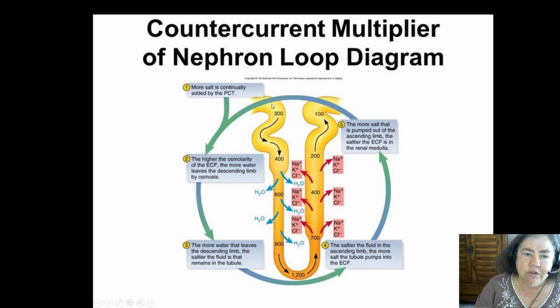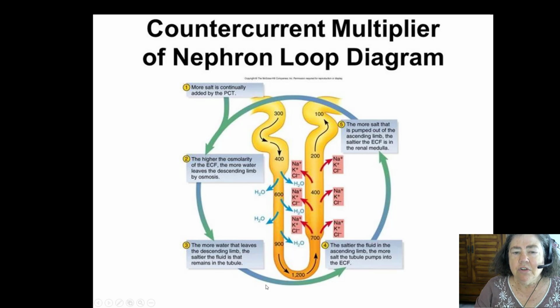That allows water to leave the filtrate by osmosis and enter the interstitial fluid, leaving much more concentrated, saltier, higher osmolarity fluid, that then, because of the high concentration when it reaches the base of the loop of Henle, all of that salt is pumped out by the sodium potassium chloride triple transporter.